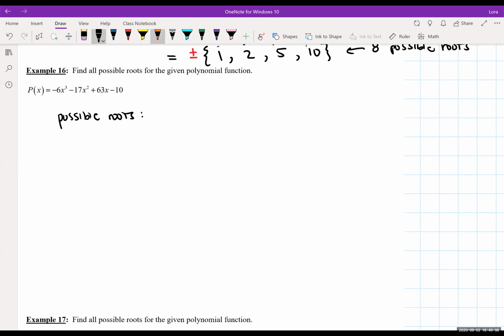always going to start off with the plus or minus to remind myself. And I'd be looking at factors of the constant. So in this case, the constant is 10. And you can say negative if you'd like to, but because we have the plus or minus, we're good to go on that. All over factors of 6.